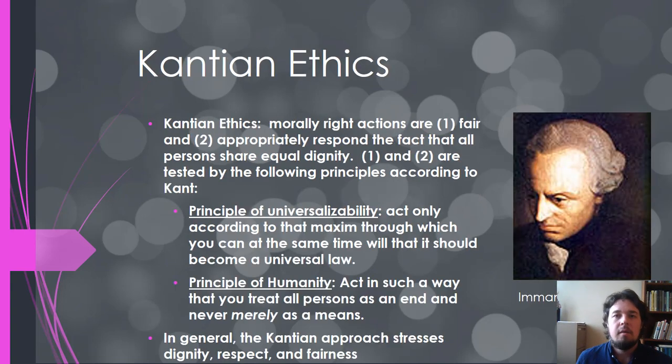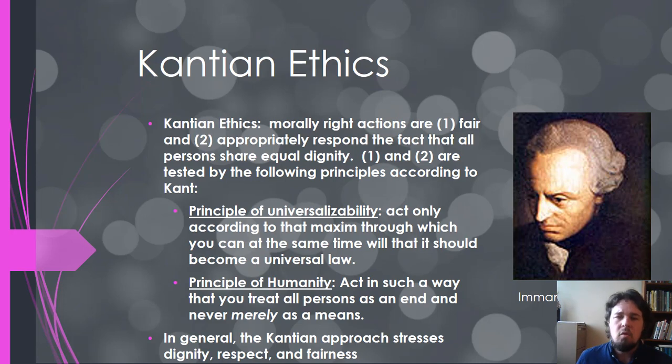Now, another kind of ethics is Kantian ethics. And Kantian ethics is a deontological approach, so it falls under that second general approach to ethics. And there are different kinds of Kantian approaches that we see today in ethics, but we'll just look at Kant's own principles. So this goes back to Immanuel Kant, German philosopher.